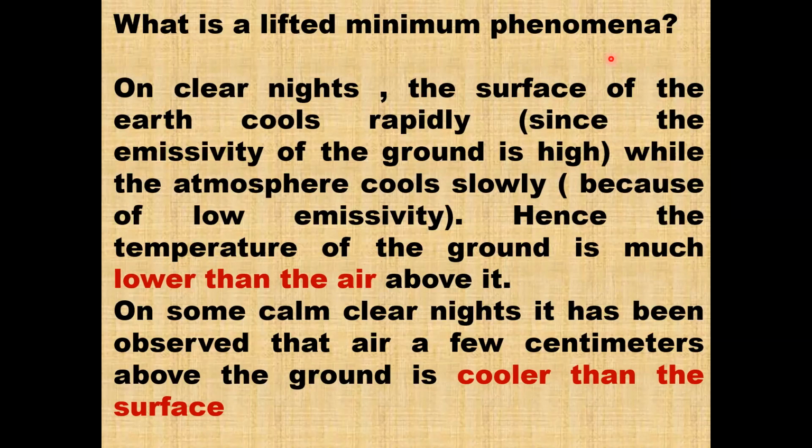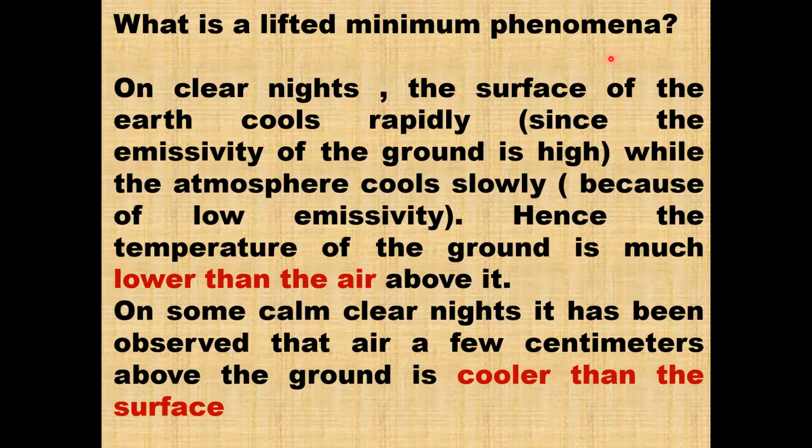But on certain nights, when the wind is not high, it's calm, it was observed that the air was cooler than the surface. It was not common, maybe once in a year. And this was discovered more than 90 years ago, in 1932.